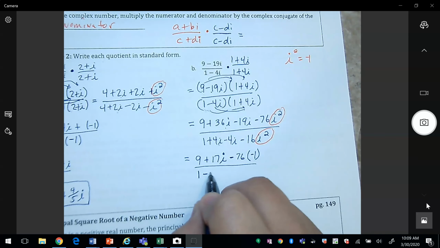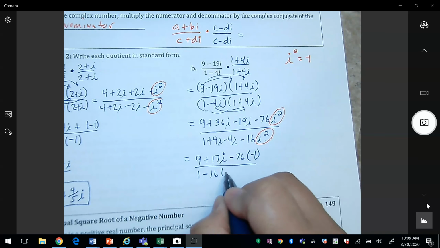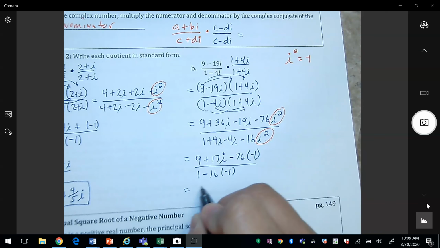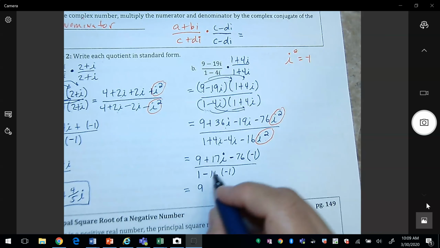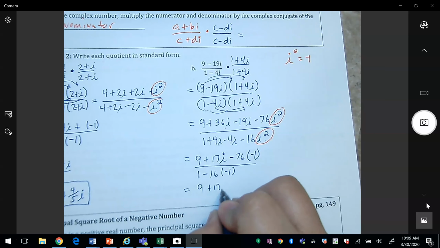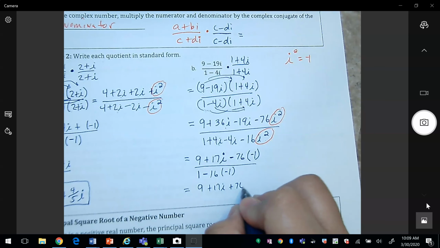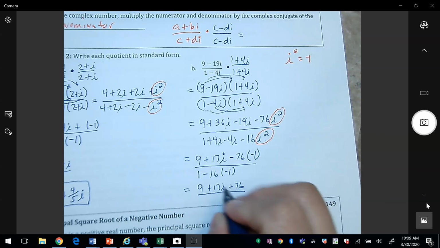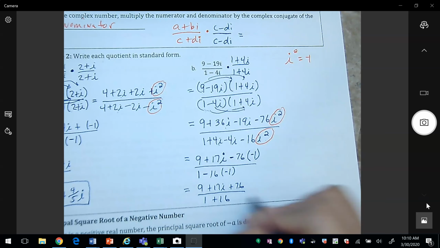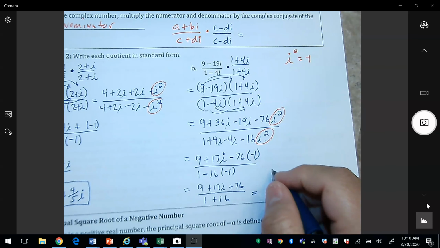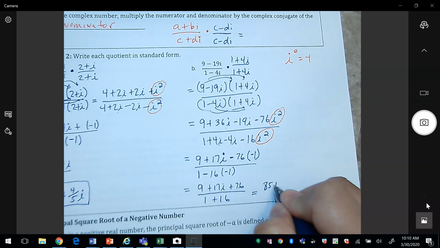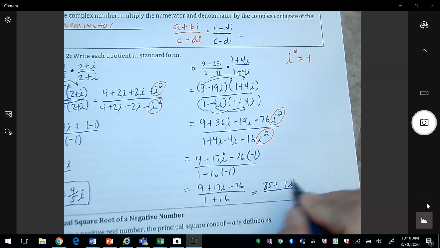And so we're left with negative 16 i squared, which is negative 1. So we end up with 9 plus 17i plus 76 divided by 1 plus 16. Simplify further: 9 plus 76 is 85, plus 17i, divided by 17.